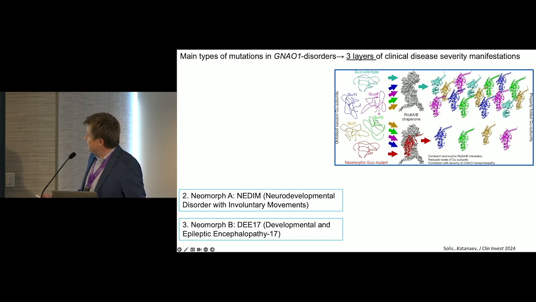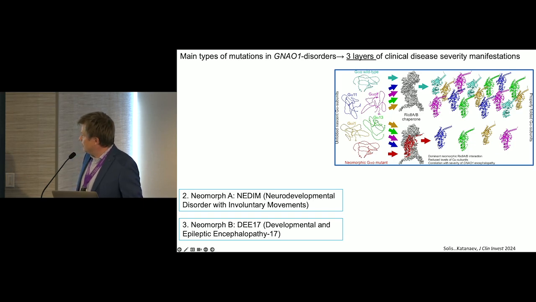So imagine in a cell, you would have multiple G-alpha subunits which are produced. And each of these G-alpha subunits needs RIC8 proteins A or B for the proper folding and ultimately for the proper functioning.